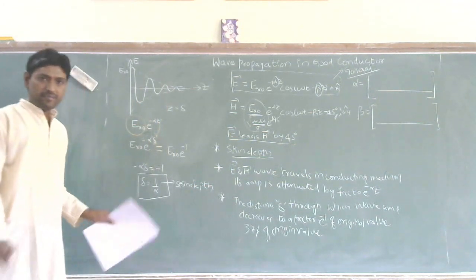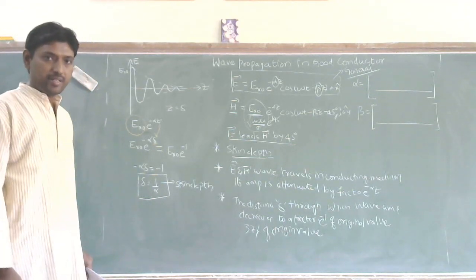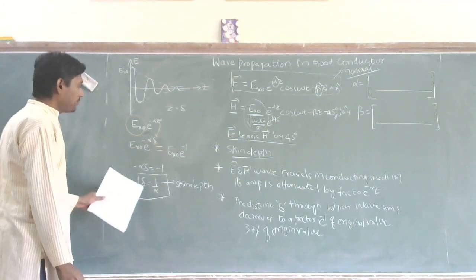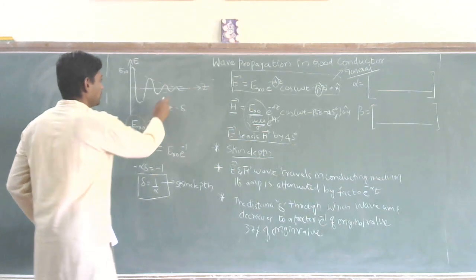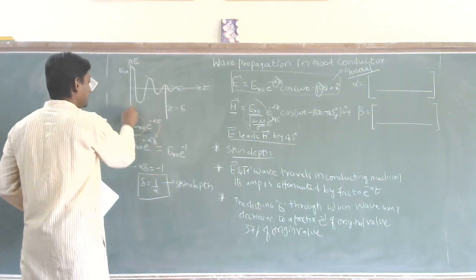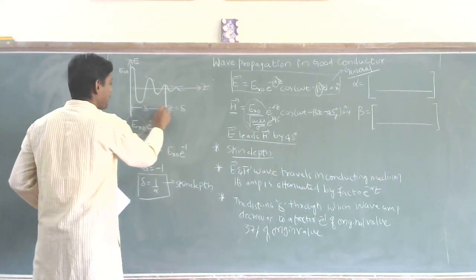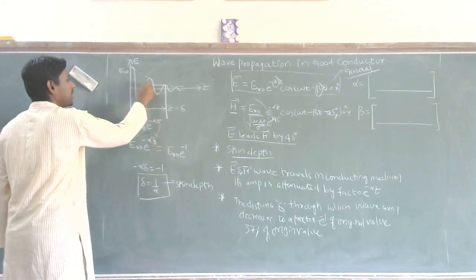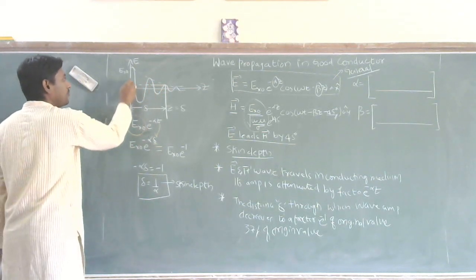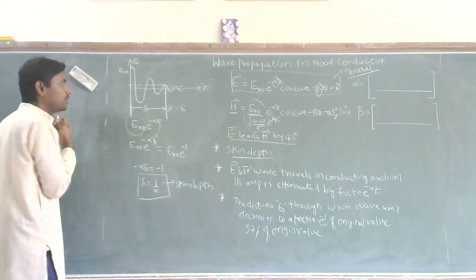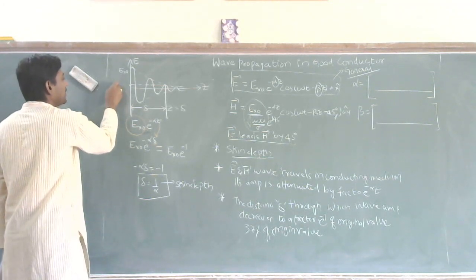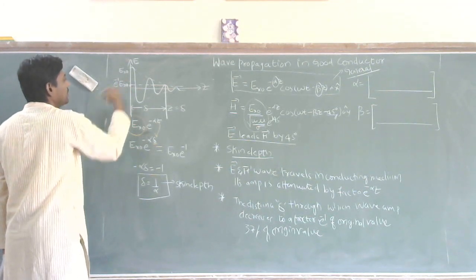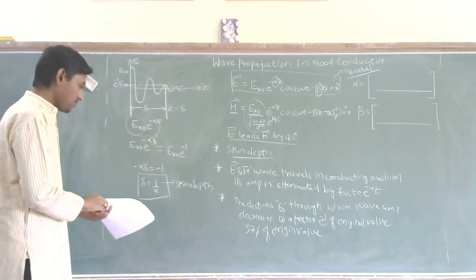In a very simple way, what I mean is, if the wave propagates by a distance of delta, its amplitude will fall by a factor of e to the power minus 1 of the original value.